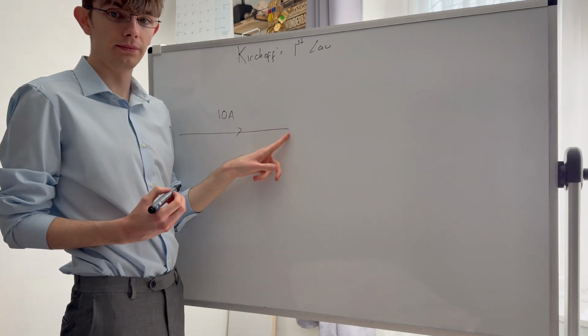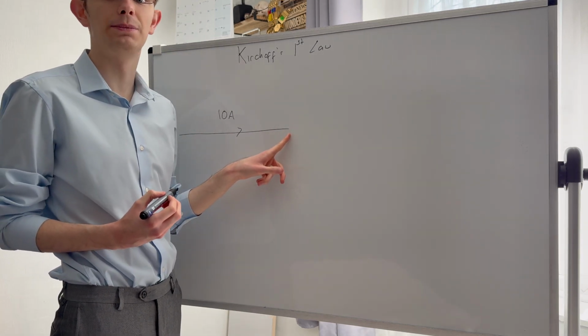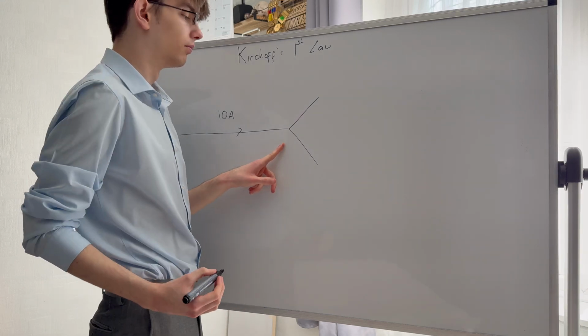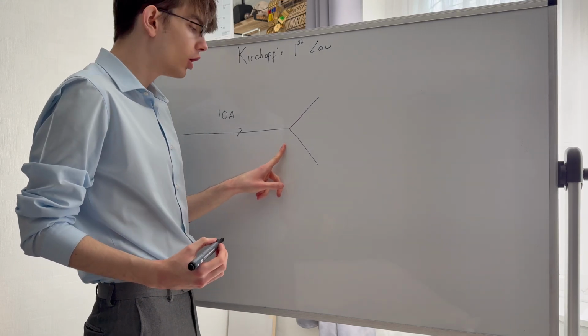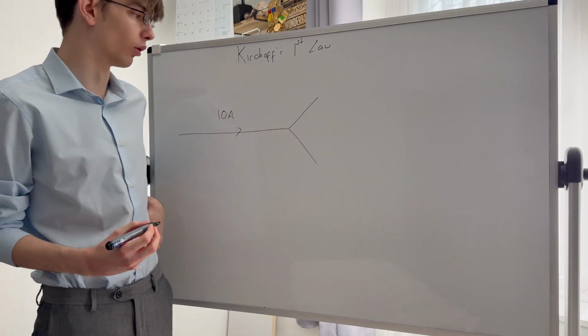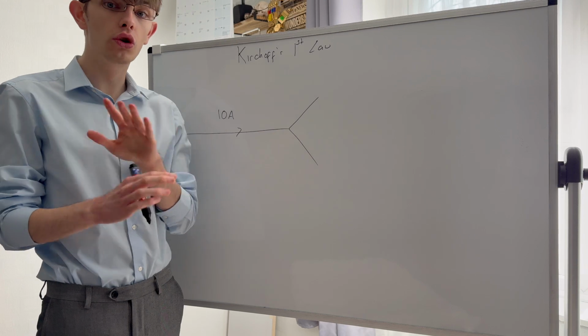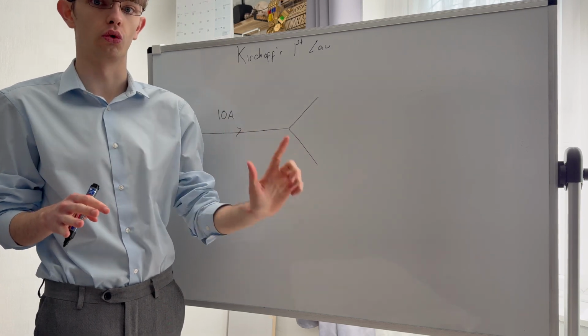At a certain point, this wire may split, like that. The whole idea of Kirchhoff's first law is saying that at this junction, no current can be created or destroyed.